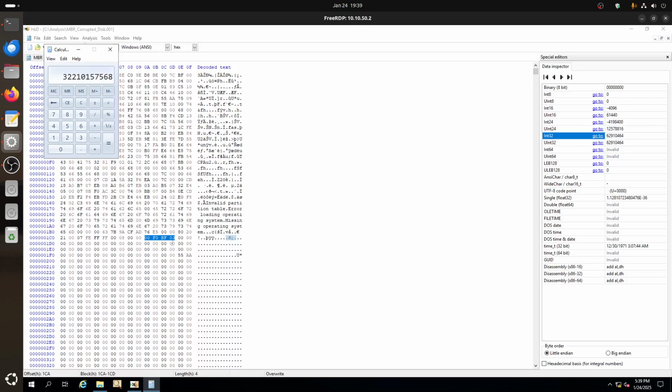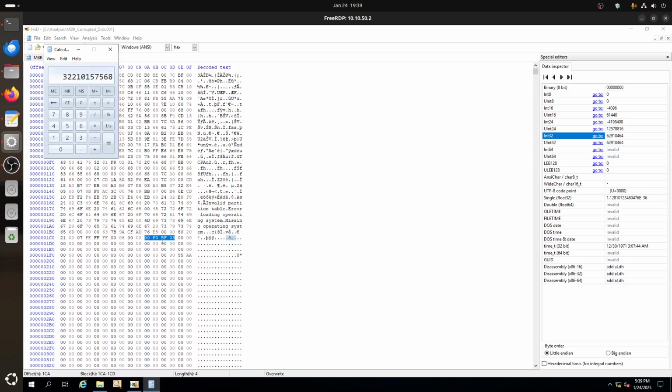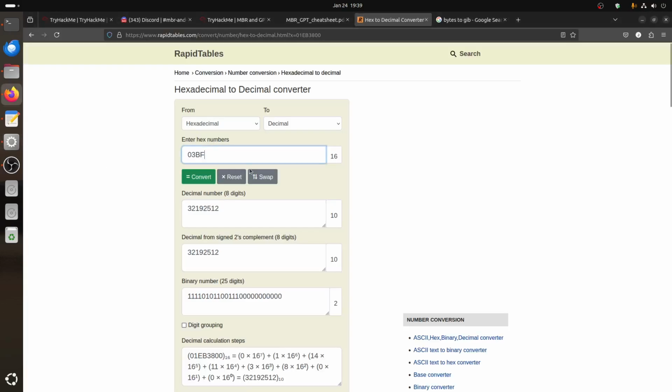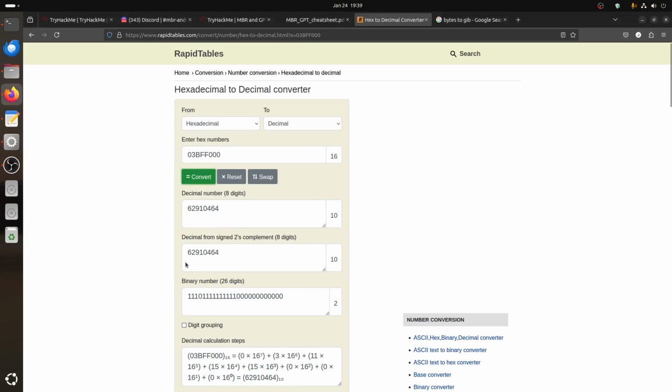Let's try to find 03BF. Where is the hex? 03BF, and then reverse it, so it's F000, which is the same as what we get, 62910464. So it's the same thing.